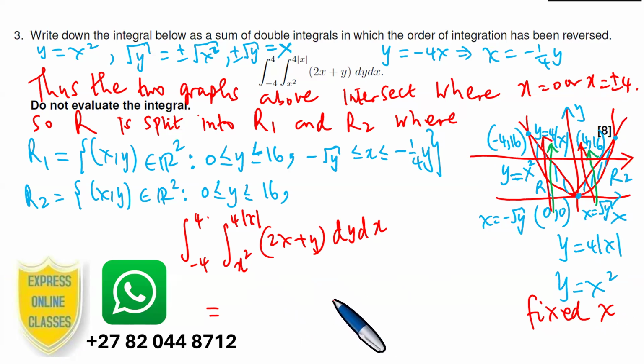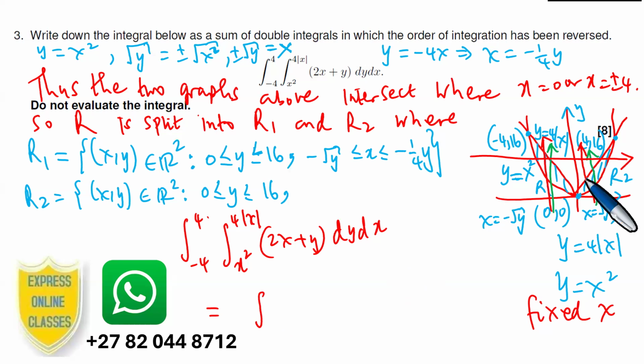Increasing x is from left to right, because x is 0 here at the origin, and x is positive on the right, but also x is negative on this side, and it becomes positive when you move to the right.